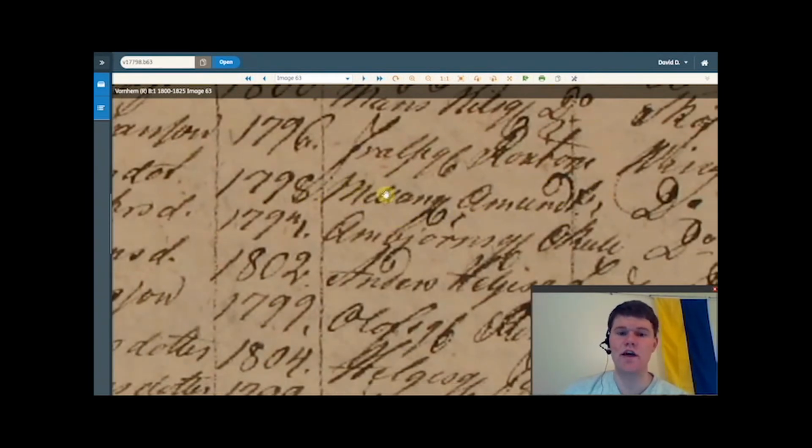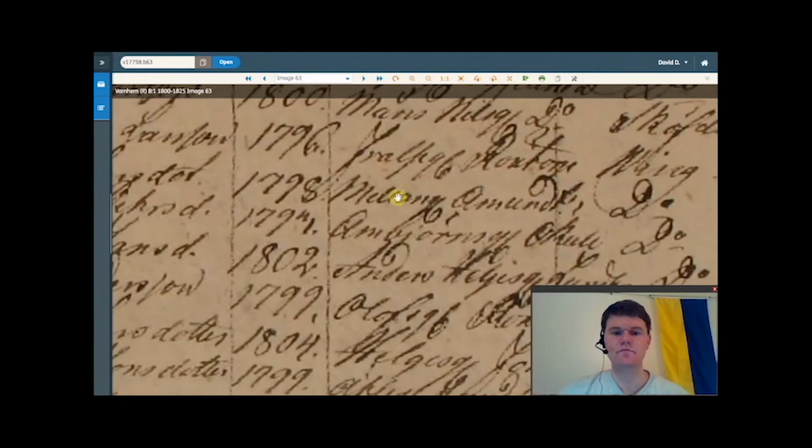Here's an M, here's an E, L, L, A, N, and then here's the symbol for Gordon. And then right here, an A, something U, something D. So let's see if we can find a village or farm that matches something like this.